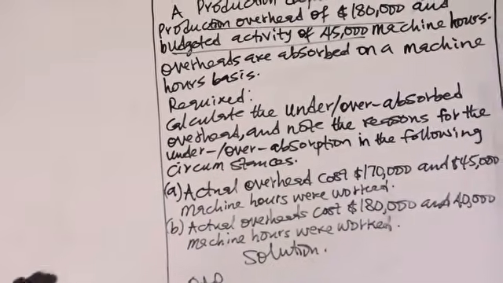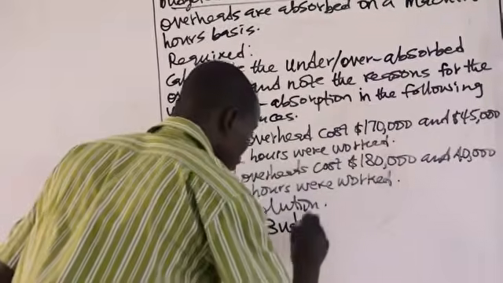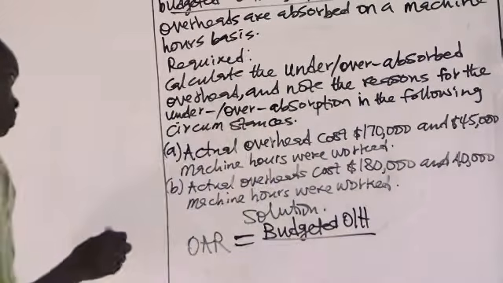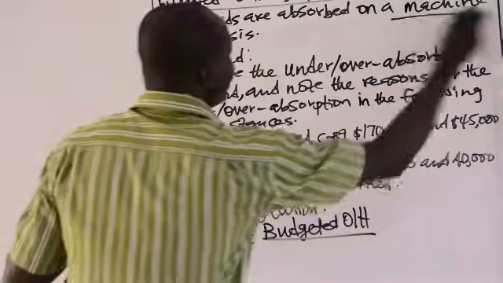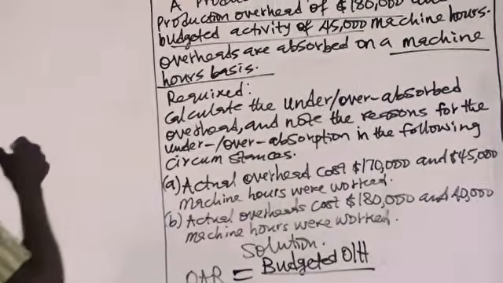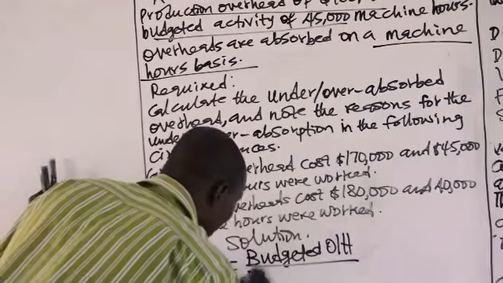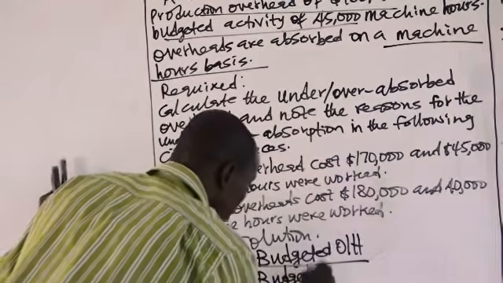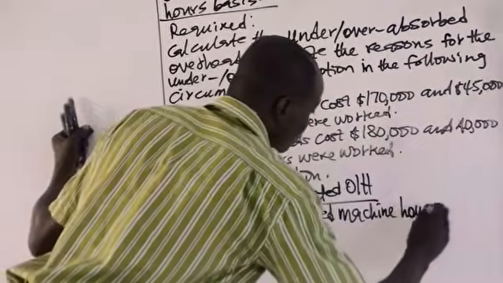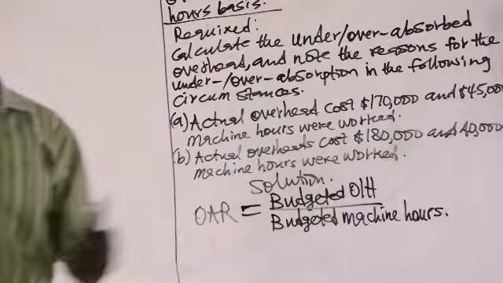Overhead absorption rate equals the budgeted overheads over the budgeted level of activity. But the activity here is the machine hour, since a machine hourly rate is used. So the denominator will be budgeted machine hours. Budgeted overheads is 180,000.